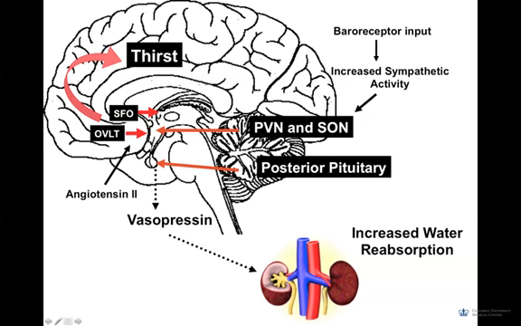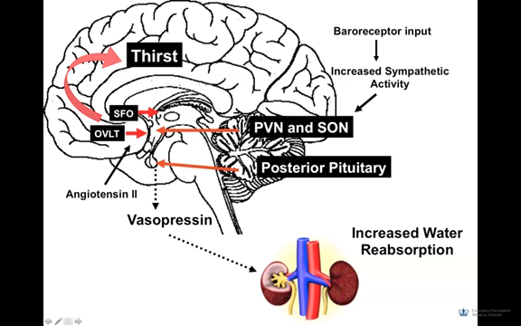The SFO and the OVLT, when they register a rise in plasma osmolarity, also stimulate thirst. So they also stimulate the conscious sensation of thirst to enhance water intake. So a rise in plasma osmolarity causes stimulation of thirst and increased water reabsorption.